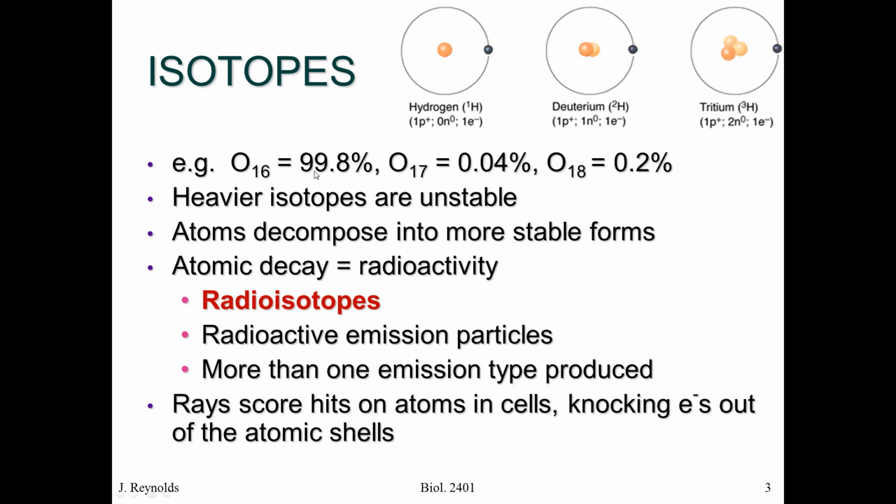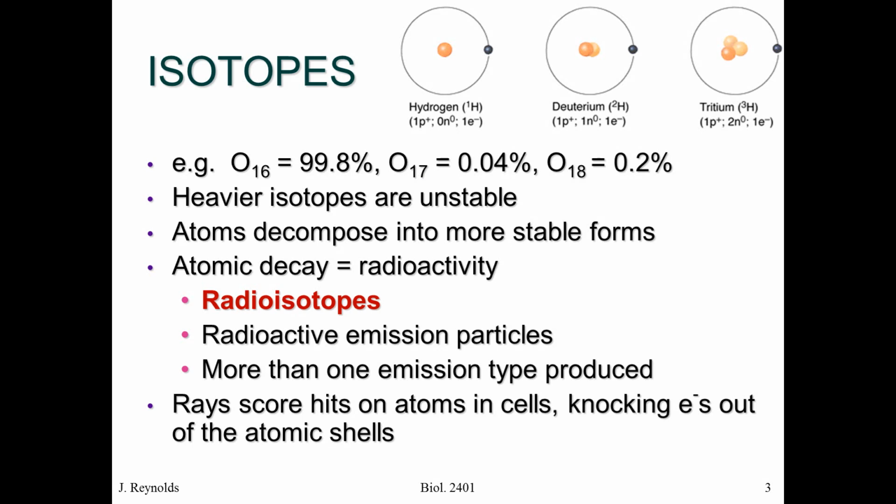And here's an example of oxygen. Your normal run-of-the-mill oxygen has an atomic weight of 16. It's got 8 protons and 8 neutrons. And that makes up almost virtually 100% of all the atoms of oxygen. But you can also have an isotope of oxygen which is 17 atomic weight. It's got an extra neutron.